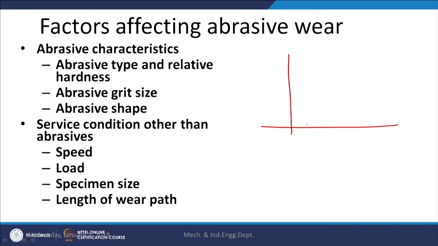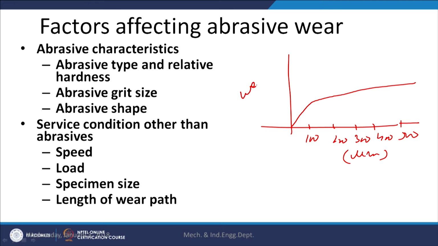With regard to the size effect, on increasing the average diameter of the abrasive, say 100, 200, 300, 400, 500 micrometer, initially it rapidly increases the wear of the material, and then the rate at which the wear increases with the abrasive size reduces.